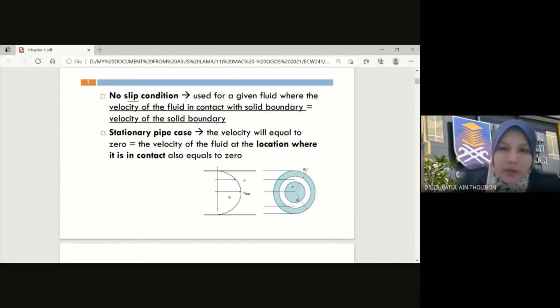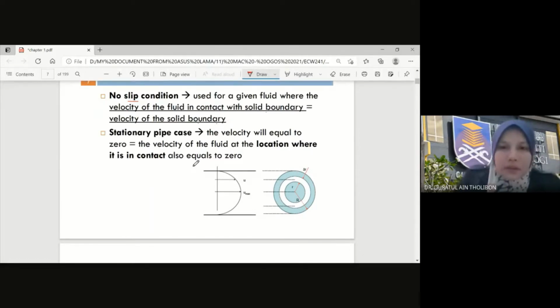So maknanya, this is the side view, kita tengok daripada tepi pipe. We have the boundary of the pipe, and kita ada flow of water.